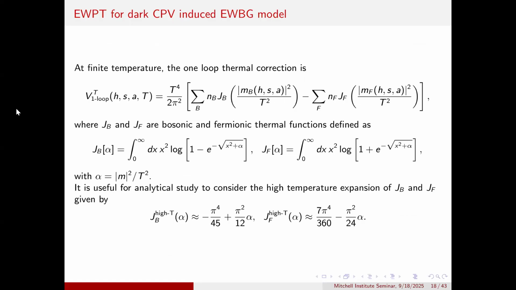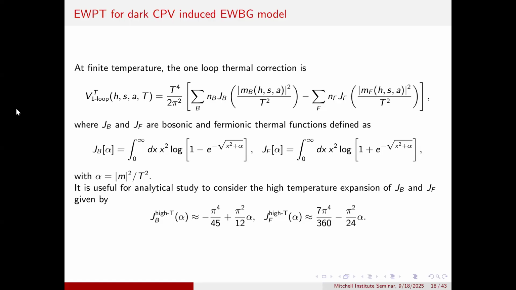At finite temperature, again, we have this one-loop thermal correction. And again, what I want to show is we can control the parameter space with analytic study before, and eventually we will find that the analytic study agrees very well with the numerical results, although the numerical results is a very complicated calculation.